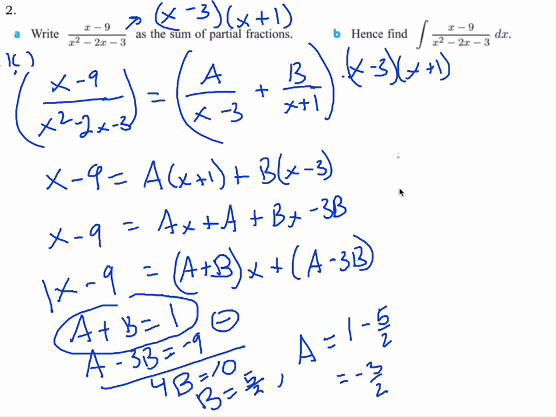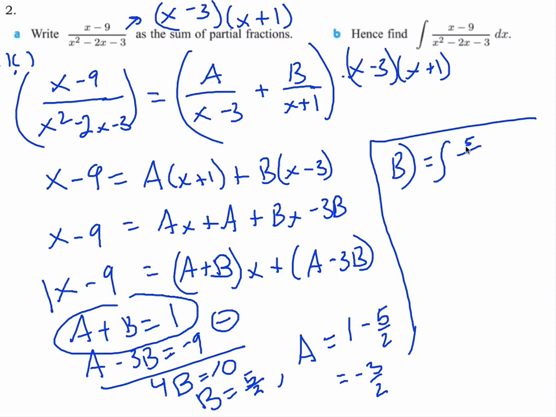So in part b, that integral is going to be equal to the integral of 5 over 2 over x plus 1. That's the b value, it corresponds to x plus 1.